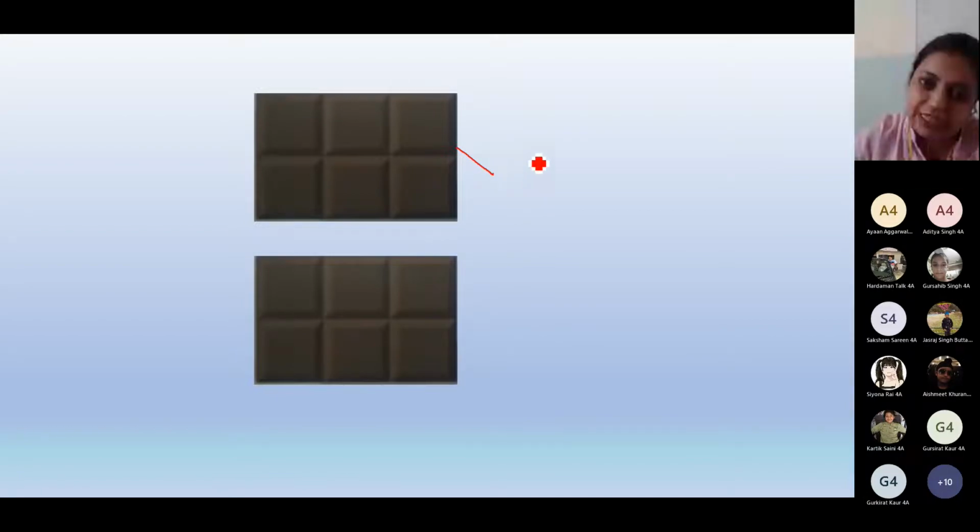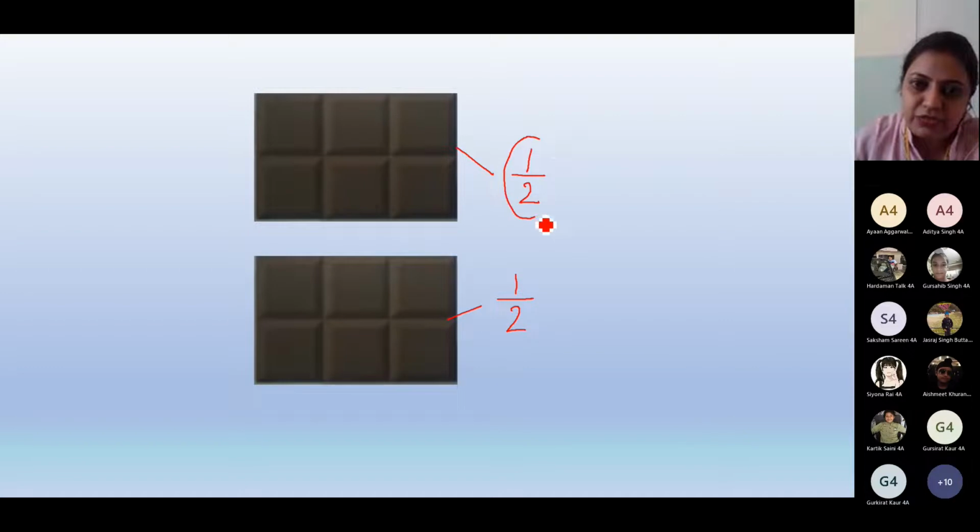How will we represent? One part out of 2 equal parts. In the same way, this part will be represented as one part out of 2 equal parts. So this representation is known as a fraction.